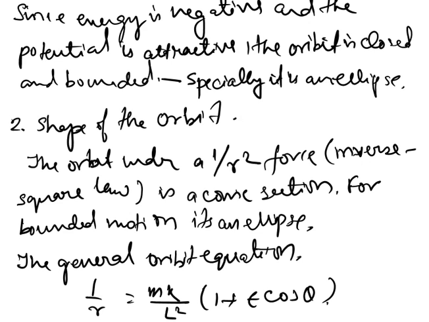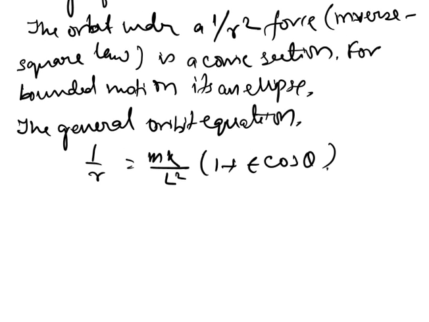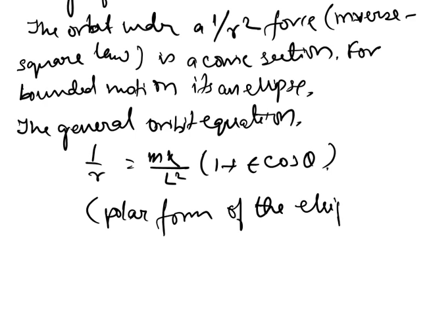So this is the polar form of the ellipse, right? So now the closest distance.